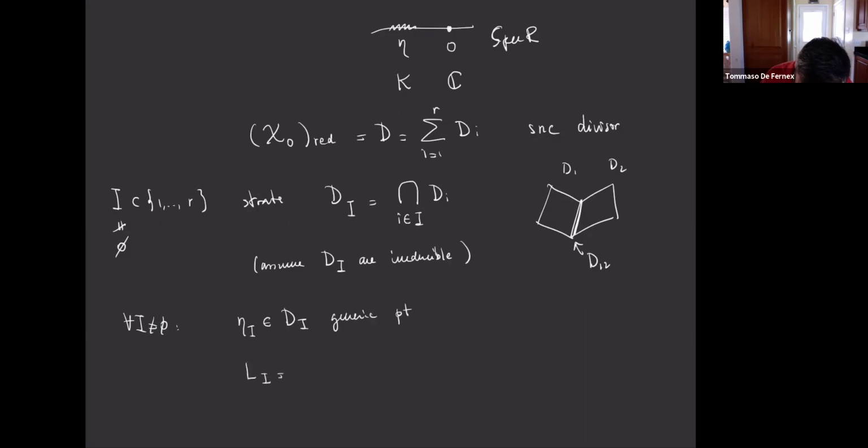L_I will be the residue field of eta_I. But then you see, for instance, in this picture, eta_I is right here, this is eta_{1,2}.